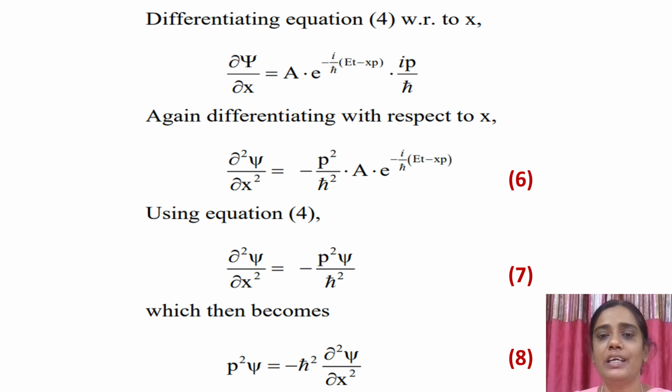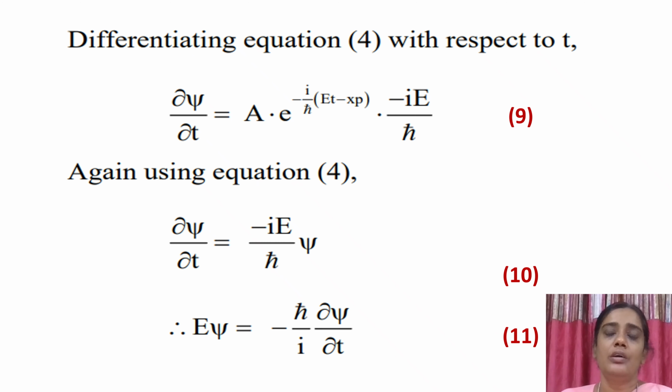Therefore, in that term, we are going to replace with the psi term. So equation 6 becomes dou squared psi by dou x squared equal to minus p squared psi by h cross squared. Now we are taking h cross squared, which is in the denominator, to the other side. So it becomes p squared psi equal to minus h cross squared dou squared psi by dou x squared.